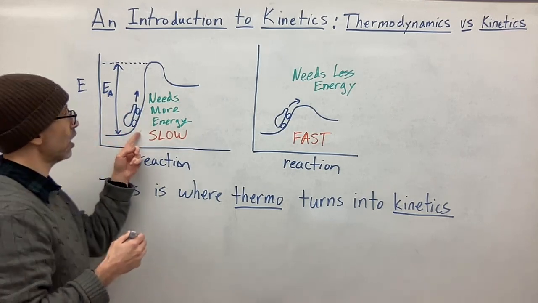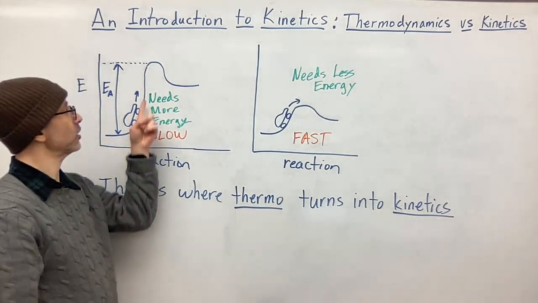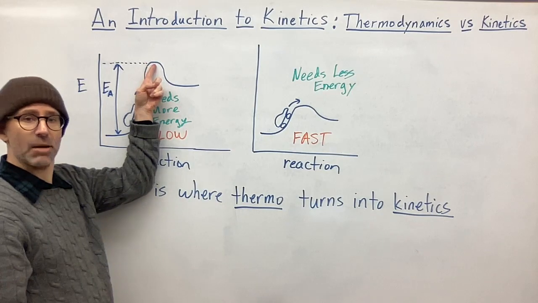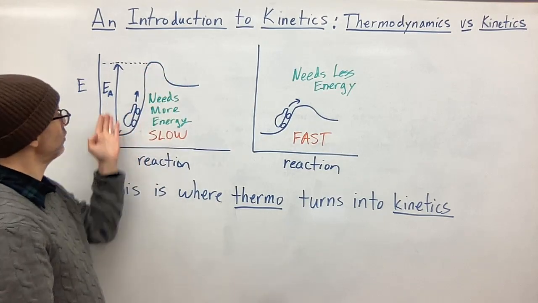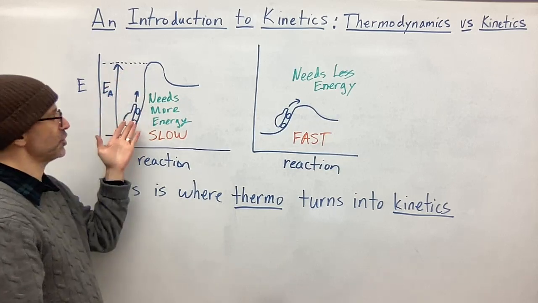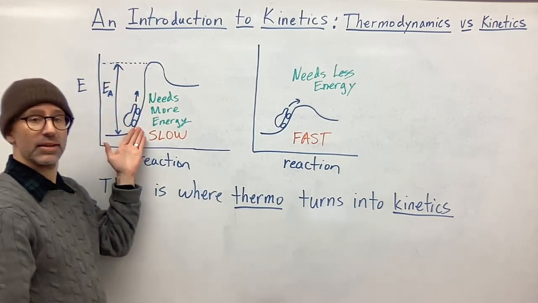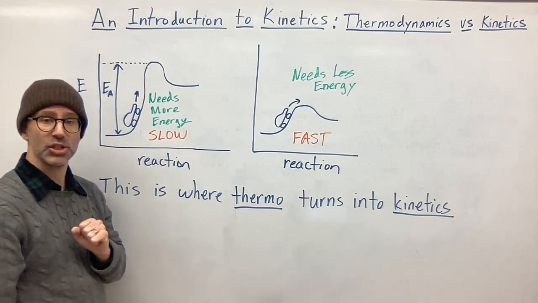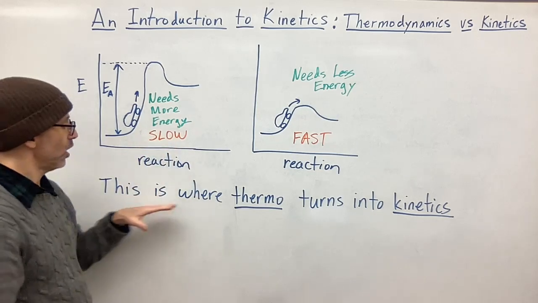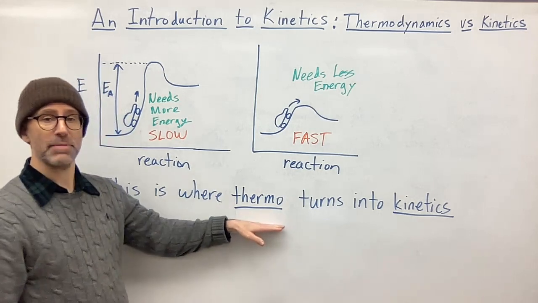So this car has to overcome a larger amount of energy to get on top before the reaction will take place. So this requires more energy, and when this requires more energy, that means it's going to be a slower reaction. Thermo is talking about the energy here.